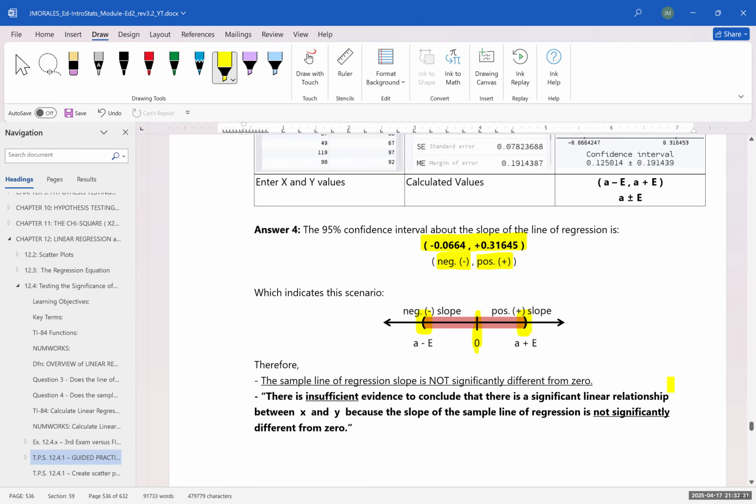Therefore, the sample line of regression slope is not significantly different from 0. So we would conclude there is insufficient evidence of a significant linear relationship between x and y, because the slope of the sample line of regression is not significantly different from 0.